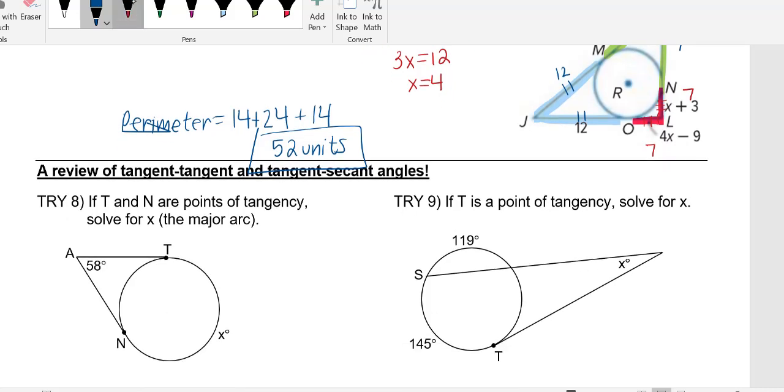Remember, the big recap is to think about where the vertex of each of these angles is. So for 8, we have 2 points of tangency, tangent angles, vertex is outside of the circle. For 9, we have a tangent secant, vertex is outside of that circle. So go ahead and give these a shot, and then check those answers on that key on Canvas.